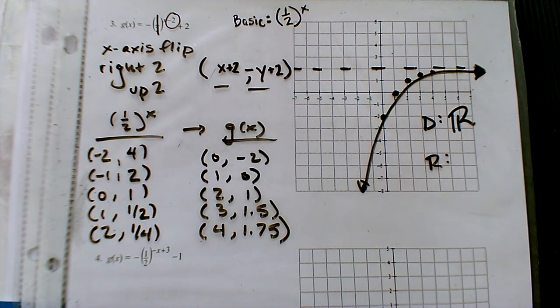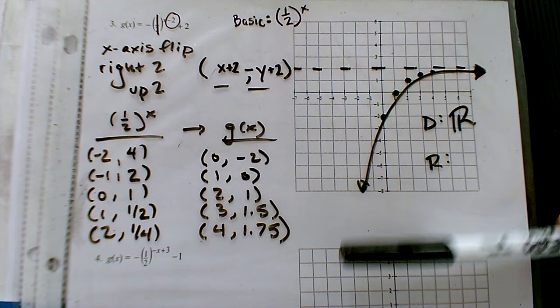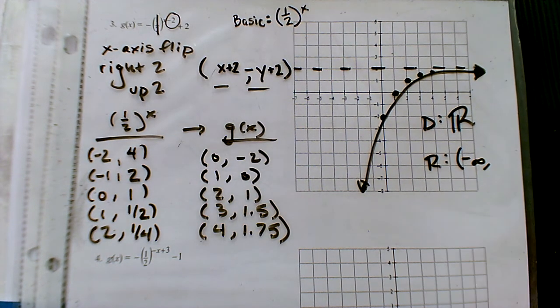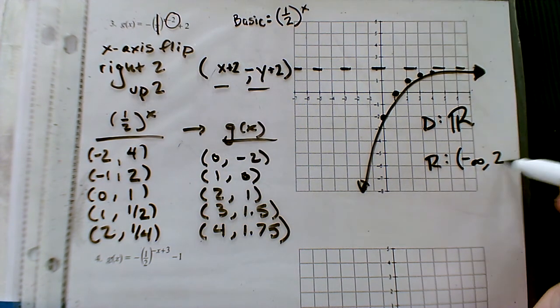So all real numbers for domain. What about the range? Low to high. Negative infinity to 2.